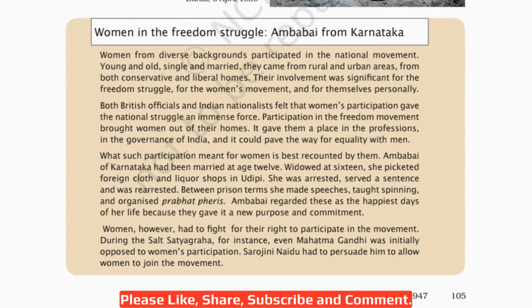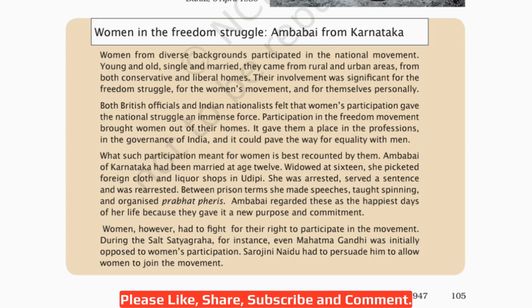Women in the freedom struggle. Ambabai from Karnataka. Women from diverse backgrounds participated in the national movement. Young and old, single and married, they came from rural and urban areas, from both conservative and liberal homes. Their involvement was significant for the freedom struggle, for the women's movement, and for themselves personally. Both British officials and Indian nationalists felt that women's participation gave the national struggle an immense force.